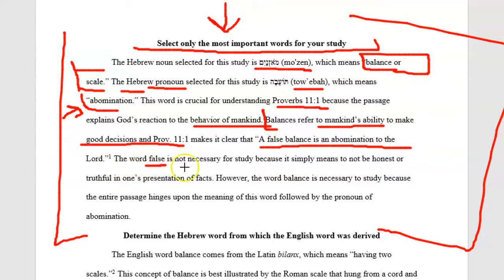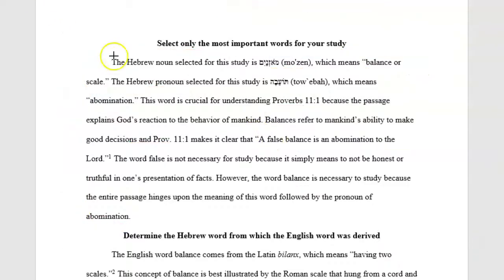The word false is not necessary for the study because it simply means to not be honest or truthful in one's presentation of facts. However, the word balance is necessary to study because the entire passage hinges upon the meaning of this word, followed by the pronoun abomination. So that's why we're looking at both words, because we need to know what abomination means. We also need to know what a false balance means.